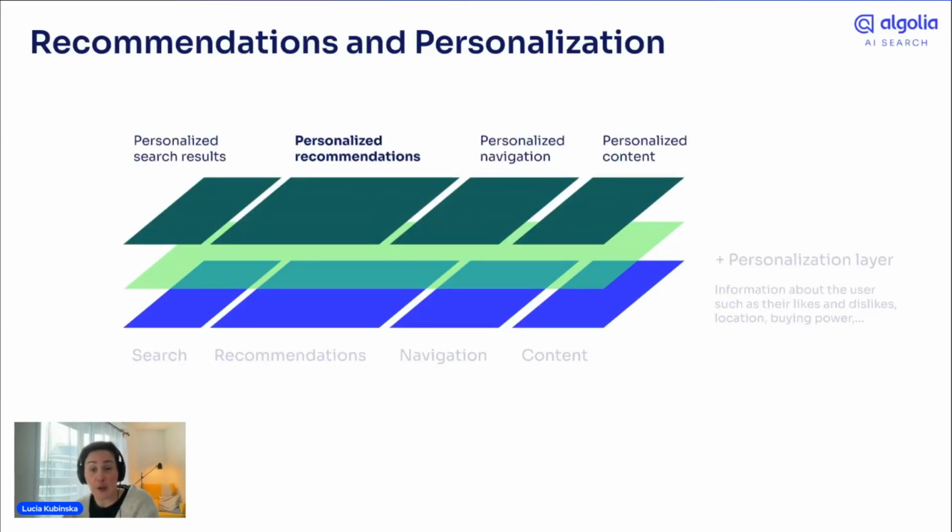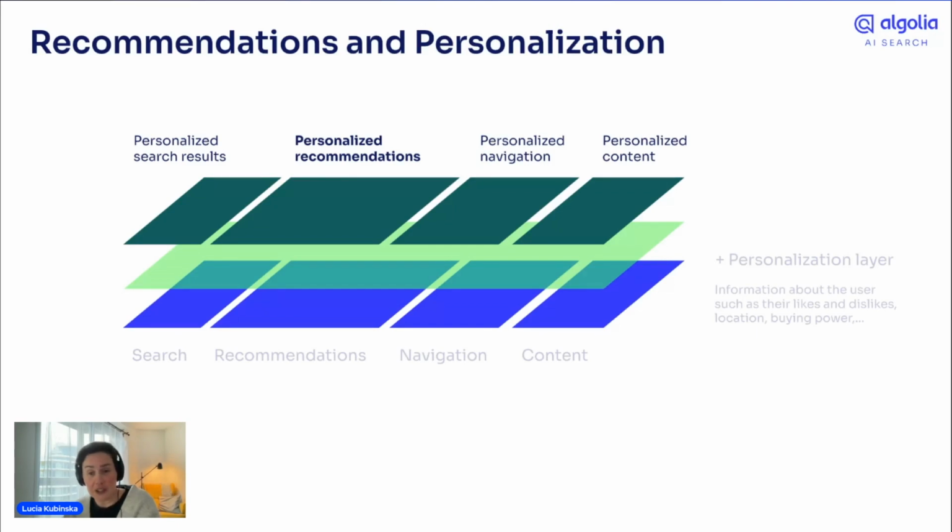Which brings us to the combined power. You can provide personalized search results, personalized recommendations, personalized navigation, content, and so on. Even if the base models were already relevant, the personalization layer might re-rank the items, be it products or articles or movies, to better match the visitor's taste.